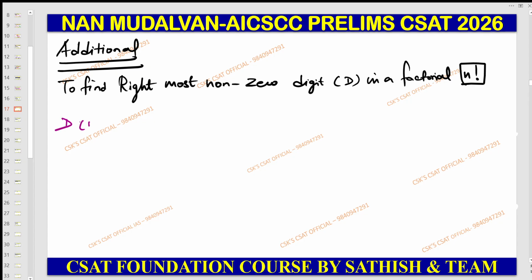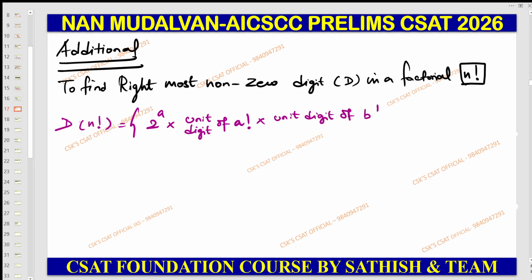The rightmost digit d in n factorial is nothing but 2 power a into (unit digit of a factorial) into (unit digit of b factorial), close the bracket, and then put modulo 10.